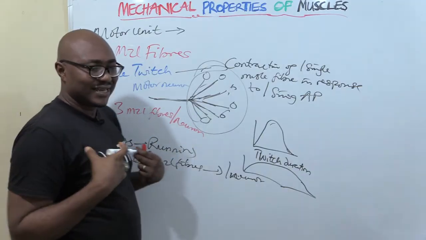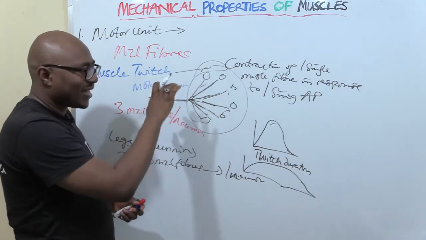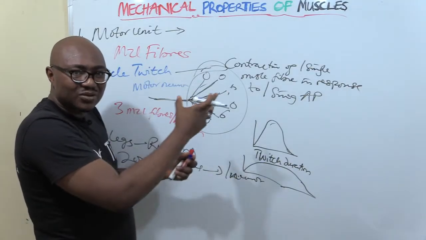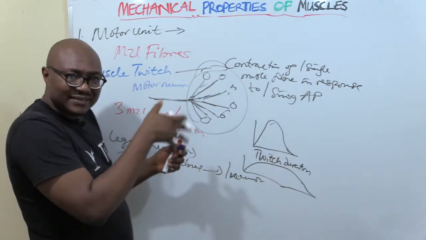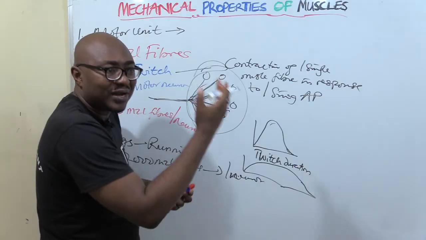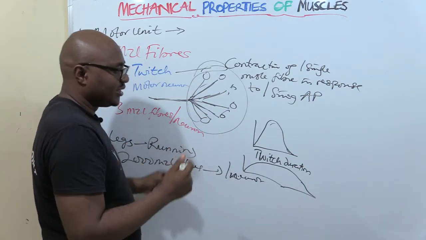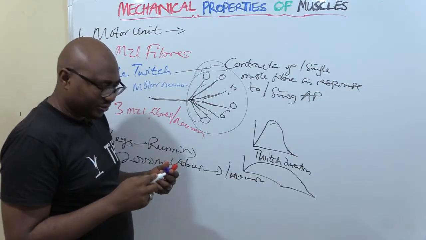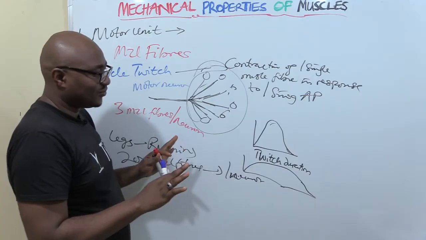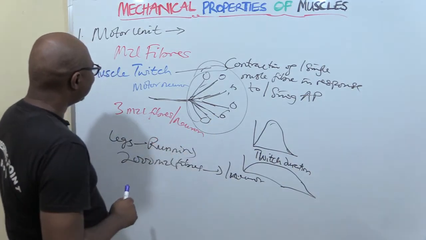So when the action potential enters the motor neuron, the time in between the coming of that action potential and the time all that acetylcholine will be transferred into the space, the neuromuscular junction, and bind and develop an action potential in the muscle, and contraction will begin, that period is known as latent period. It can differ in different types of muscle. It's good you know that. All right, so that's what you need to know about that.